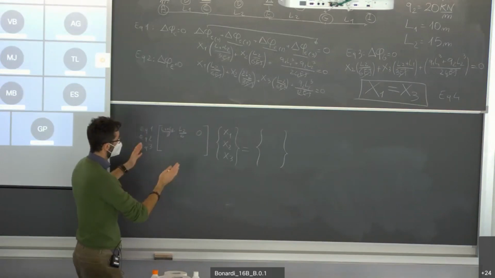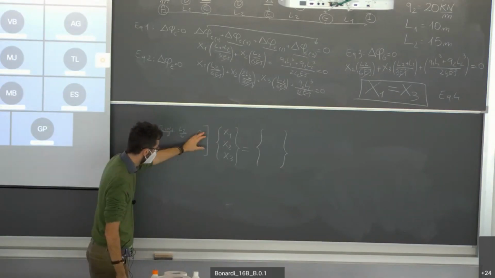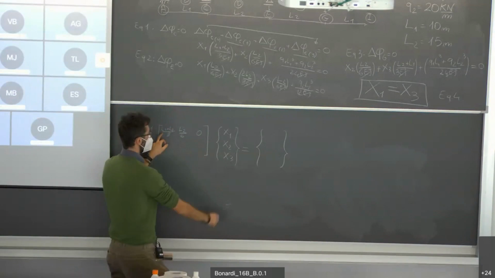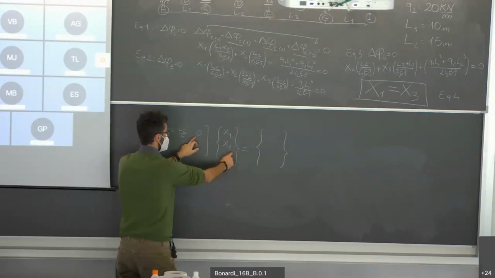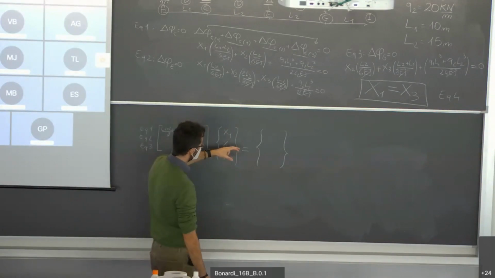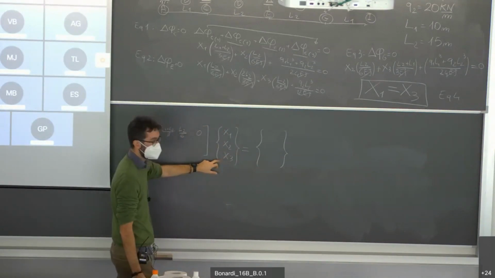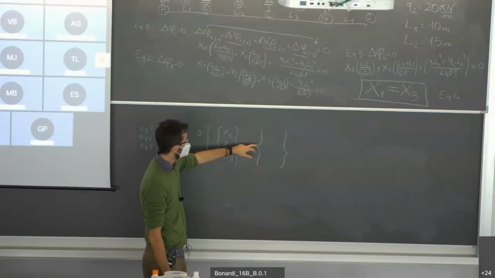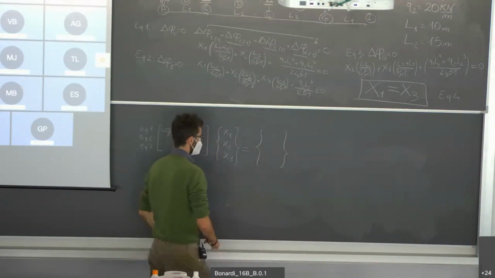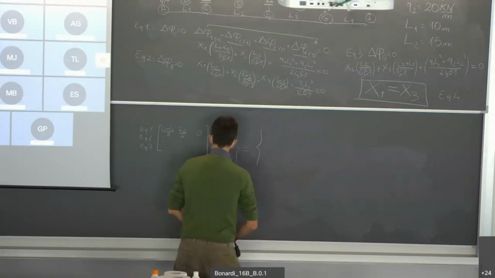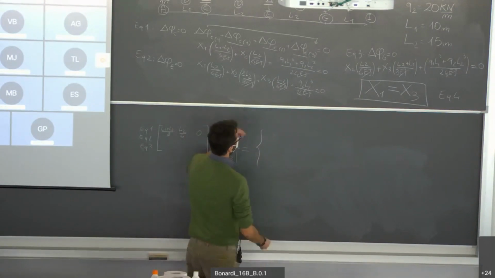So this first row says, this is the coefficient of this unknown, this is the coefficient of this unknown, this is the coefficient of this unknown. Then there is something that is not multiplied times any unknown, and it is the effect of the external load. I have to make it bigger, maybe.